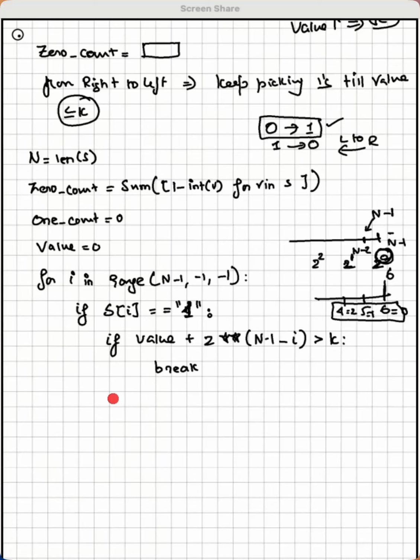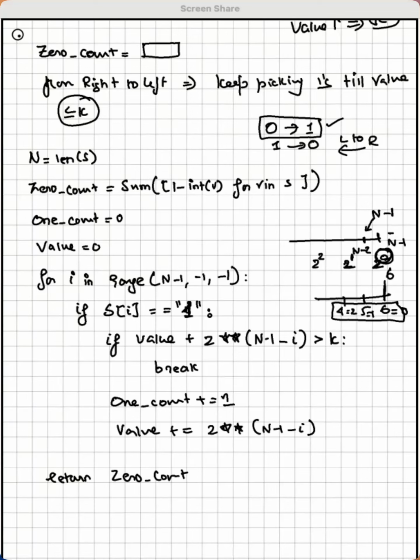But if it was still lesser, then we say the one count has gotten incremented, and my value has also gotten incremented. Now once I've counted my zeros and ones, I just return the sum of the zero count and the one count.